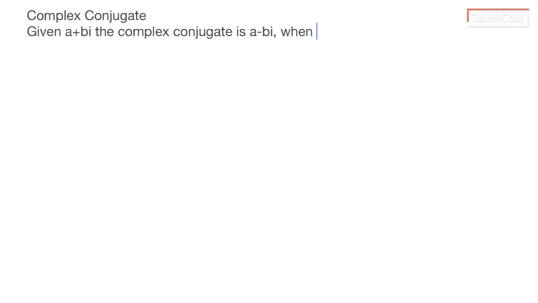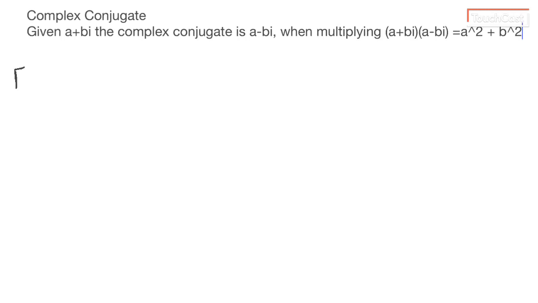And when we multiply those together, the a plus bi and the a minus bi, all we're going to be left with is a squared plus b squared. You can FOIL it out and you'll find out that all you're going to be left with is a squared plus b squared. So let's look at some examples of multiplying by the complex conjugate.